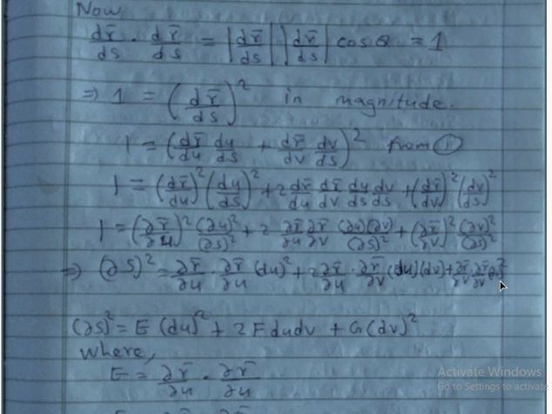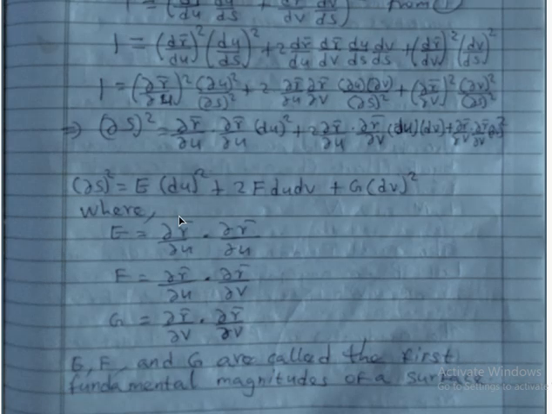This can be written as the square of partial s is equal to E times the square of du plus twice F du dv plus the square of dv times G. In this case, E is the same as partial r partial u dot partial r partial u, while F is partial r partial u dot partial r partial v, and G is the same as partial r partial v dot partial r partial v.